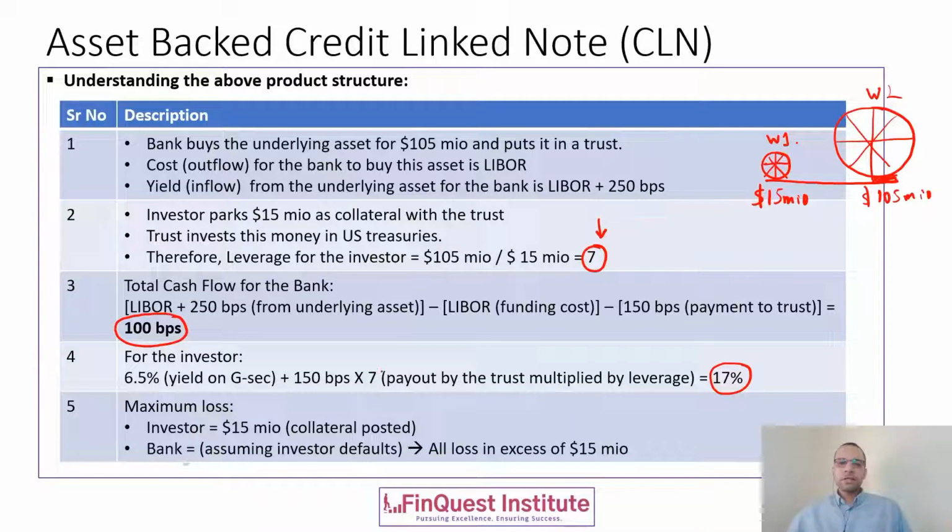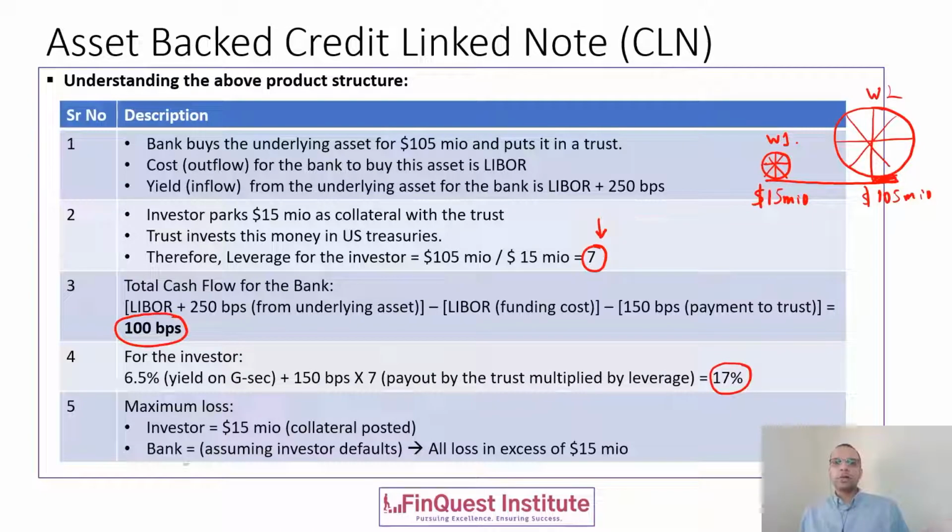Now, if the investor is willing to put in more leverage, then naturally that is going to magnify the returns. But of course, the more the leverage, the riskiness of the product also increases. But that will have an impact on the returns in some way. So the more the leverage, the higher would be the expected return, a simple relation. So this is the cash flow expected from the investor's point of view.